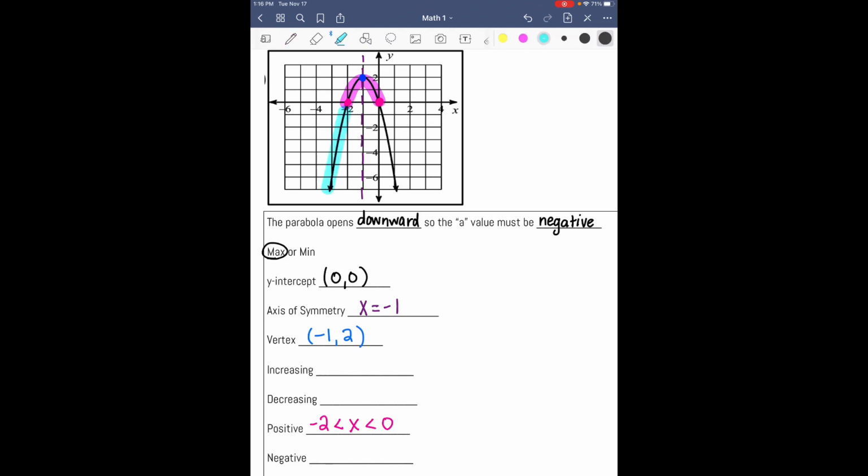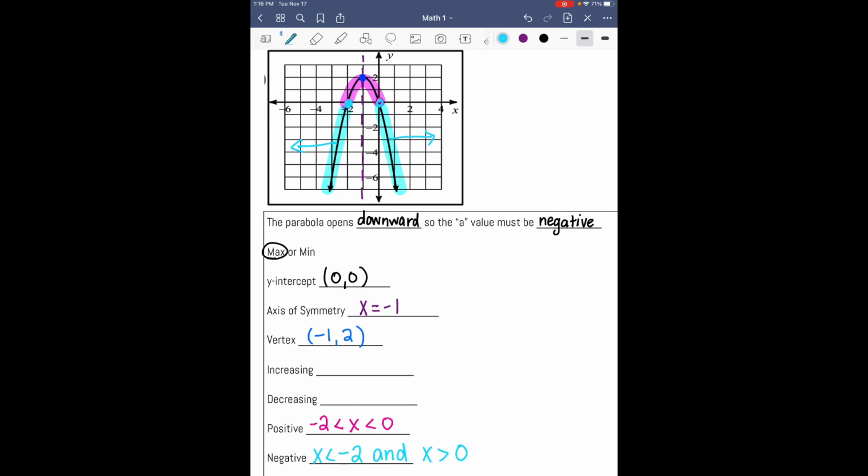All right, and then we have our negative, so that's what's below the x-axis, and we have 2 of those. So for my x-axis, we have x is going to be less than because it's going to the left. So we have x is less than -2, and we have it going to the right side. So x is going to be greater than 0.